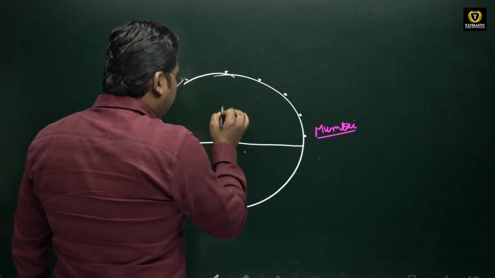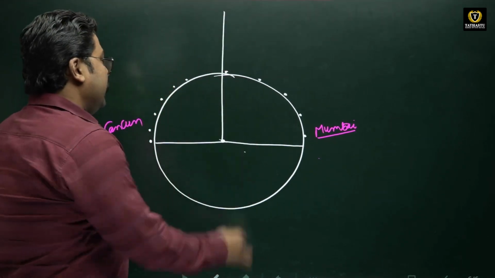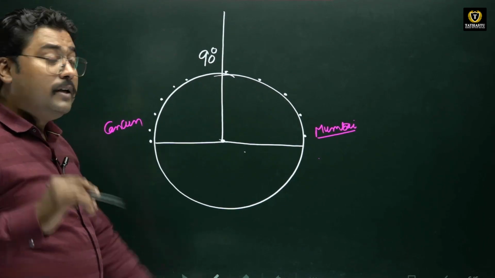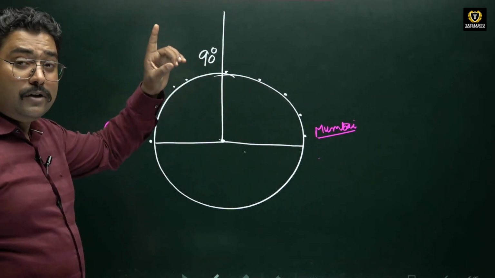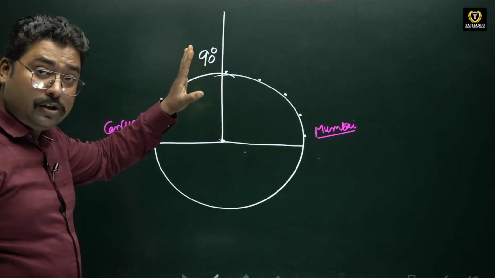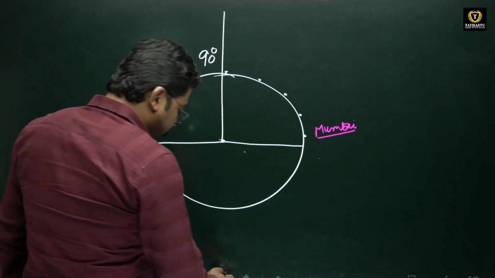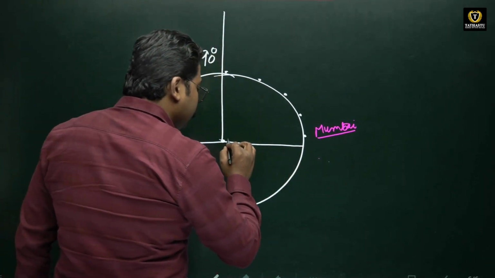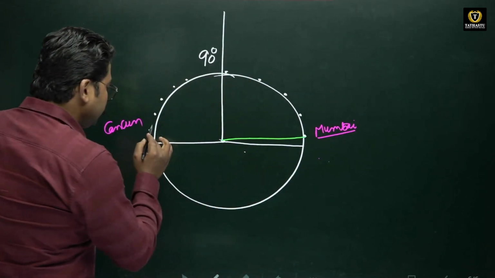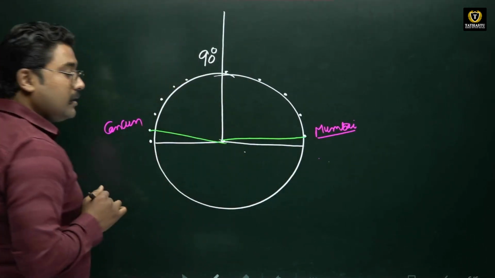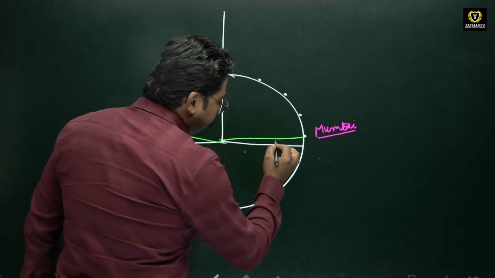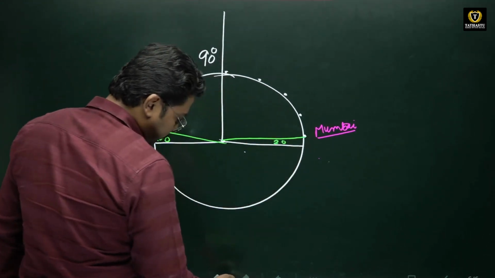From the center of Earth, if we draw 90 degree, now you recall that 90 degree, why it was given there in the top. So, when we will take the angular distance of these two places from the center, suppose it is 20 degree.